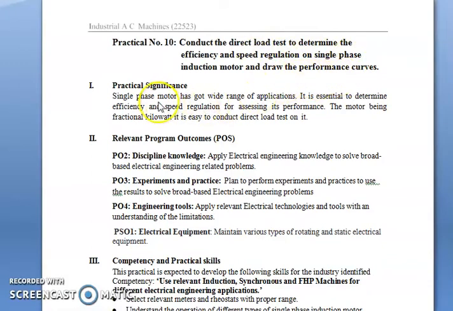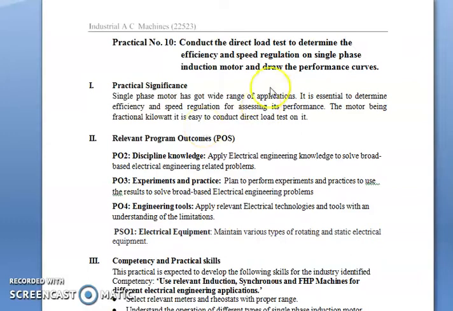So basically, the single phase motor has a wide range of applications. It is essential to determine the efficiency and speed regulation for assessing its performance. The motor being fractional kilowatt, it is easy to conduct the direct load test on it.